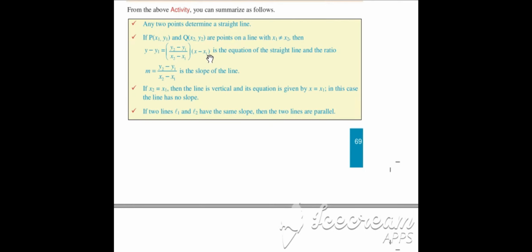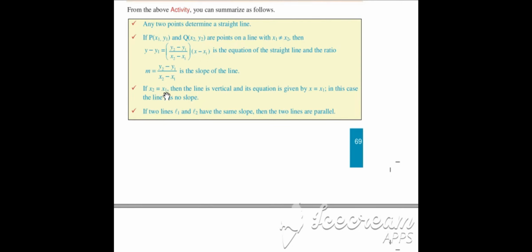Sometimes we can also take y minus y2 is equal to y2 minus y1 over x2 minus x1 times x minus x2. We can say that we get the same equation of the line.